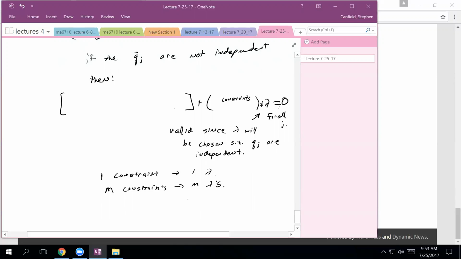And then the other thing is, I will write the constraints in variational form. I need to write the constraints in variational form. So let's do that now, and then I'll end. Then we'll be done. And we'll do an example on Thursday.